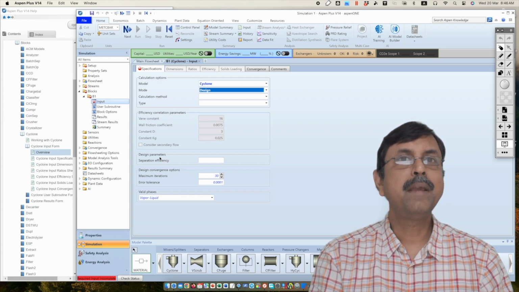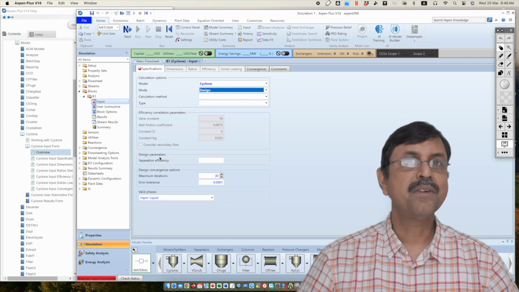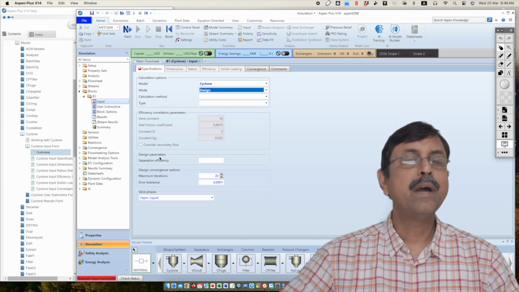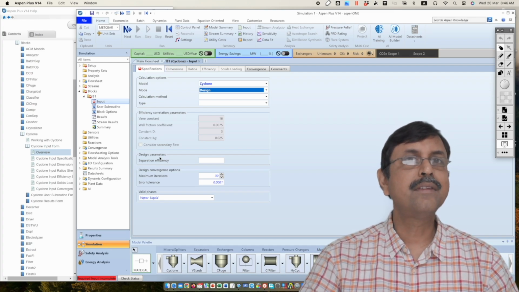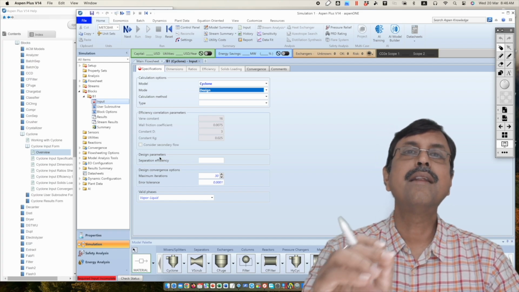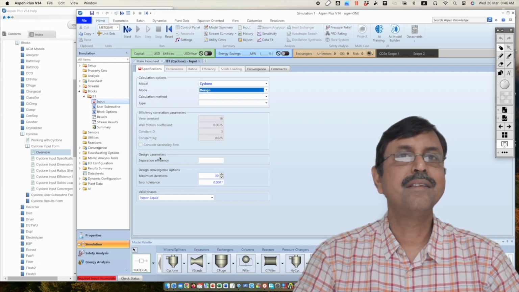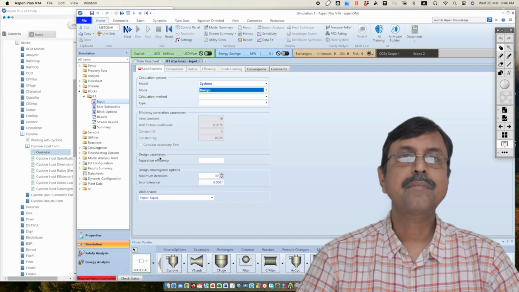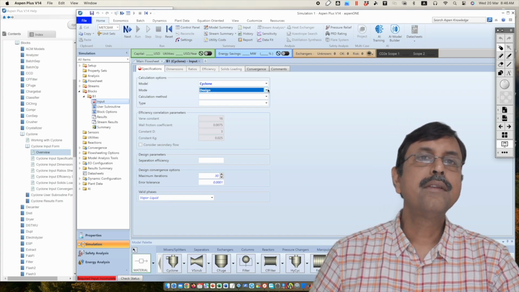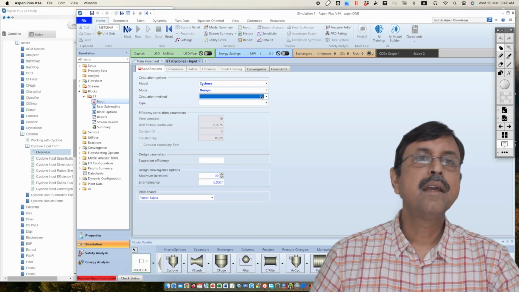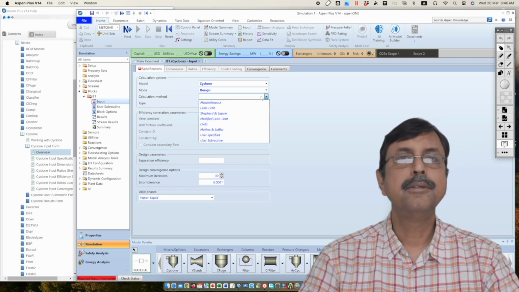Okay, what should be the diameter of cyclone, what will be the length of cyclone, all those things will be designed based on the desired separation efficiency. So that is the design mode. So in both simulation and design mode, you have to provide the calculation method.